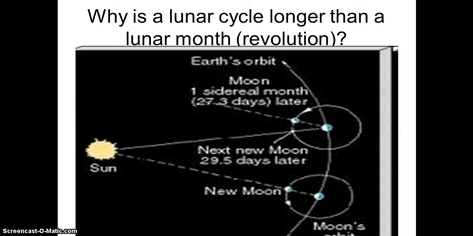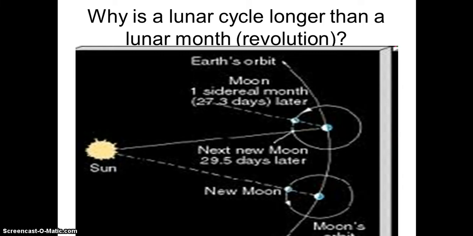The Earth also revolves and rotates counterclockwise. Looking at this picture, it takes the moon 27.3 days to go around the Earth one time. However, it takes 29.5 days to complete a full lunar cycle.